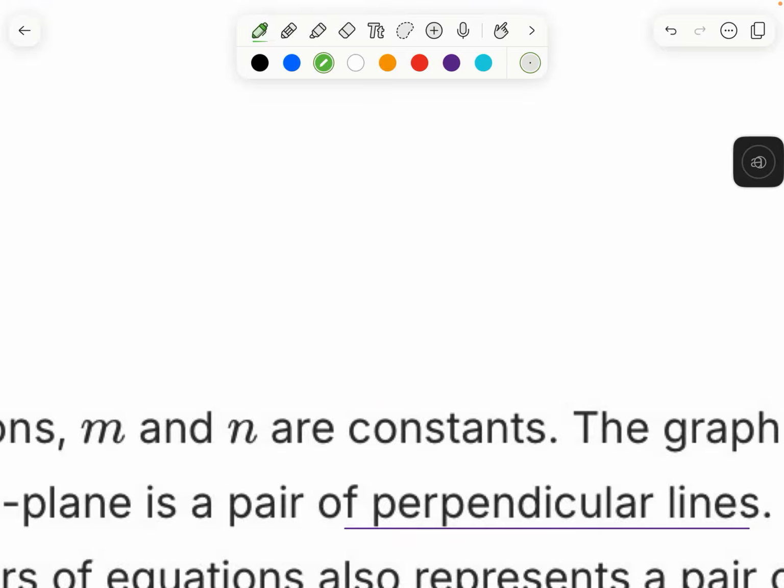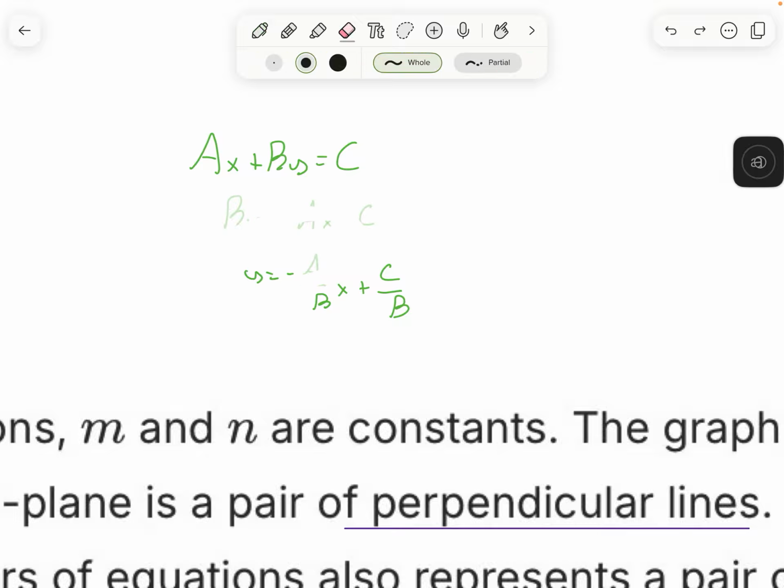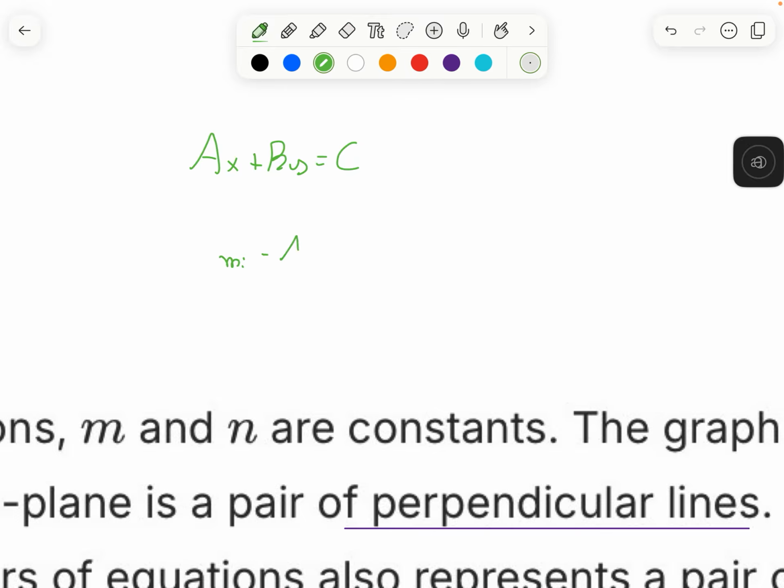Let's say you had a standard form of a linear equation, Ax plus By equals C. What would be the slope here? Well, if you put it in y equals mx plus b form, you'll realize that the slope is negative A over B. So the slope of any linear equation is negative A over B if it's in standard form.